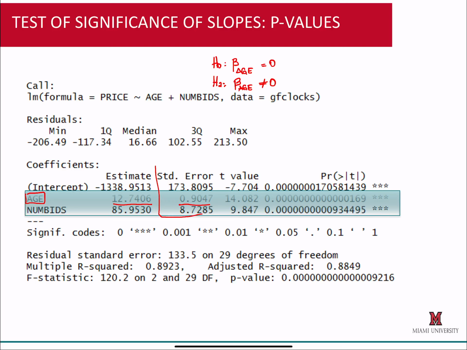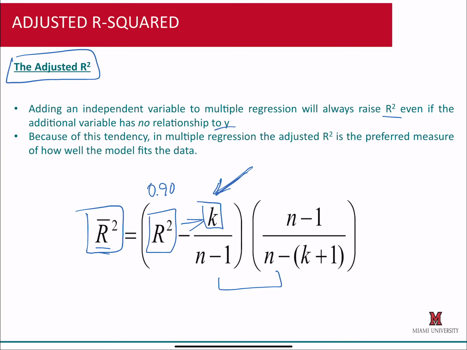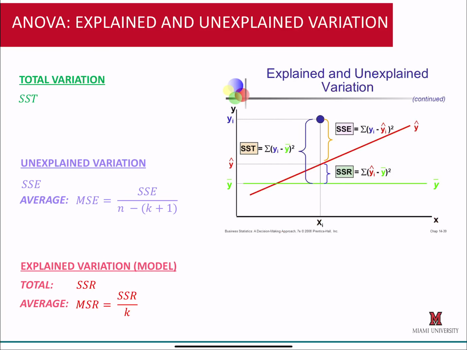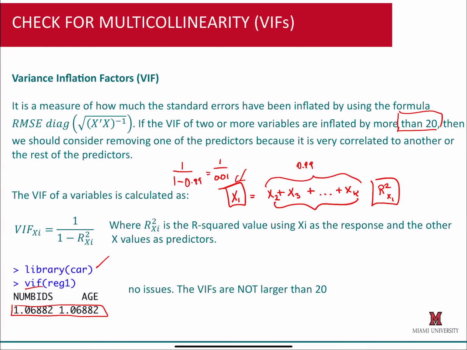Now remember, these standard errors might be inflated if there is multicollinearity. In this case, we found previously that age and number of bidders are not correlated, so we can assume that these standard errors are not inflated. We also took a look at the variance inflation factors, and we found that the variance inflation factors of these two variables are about 1.